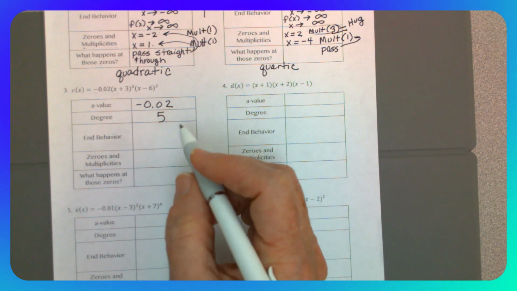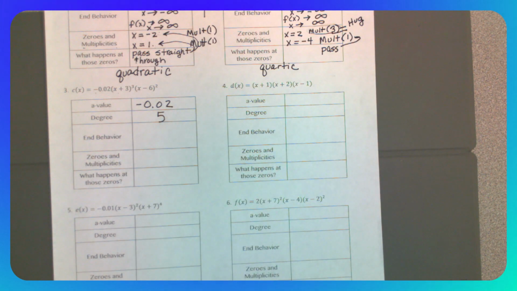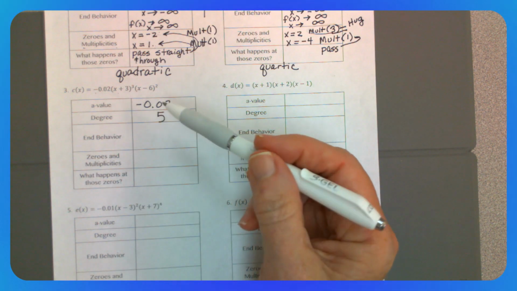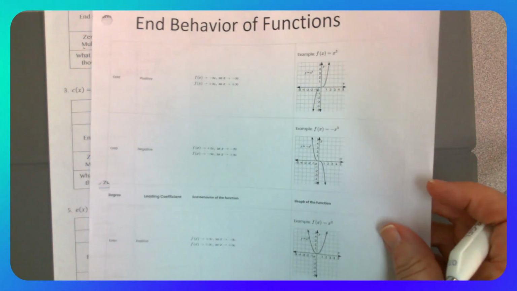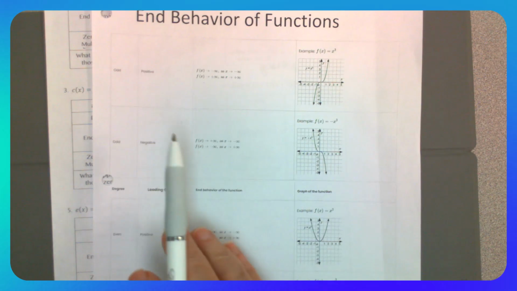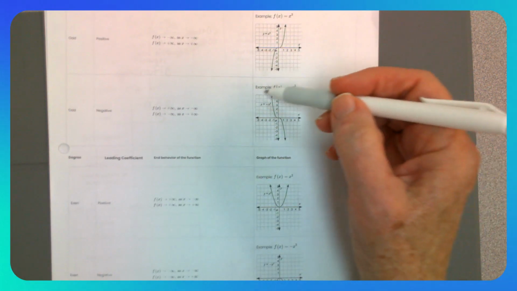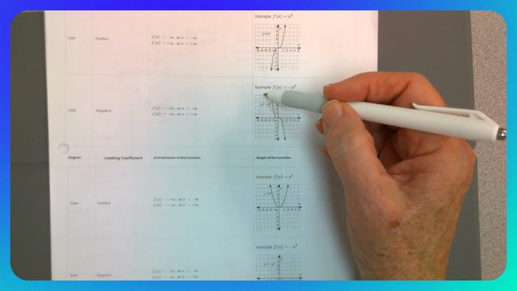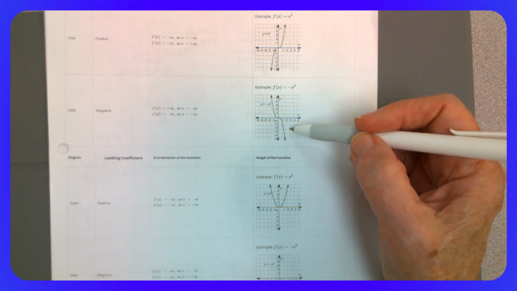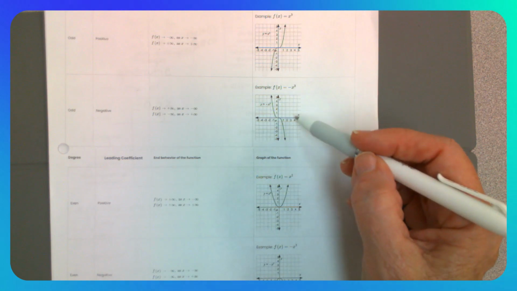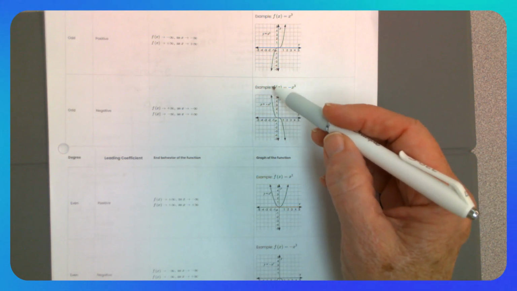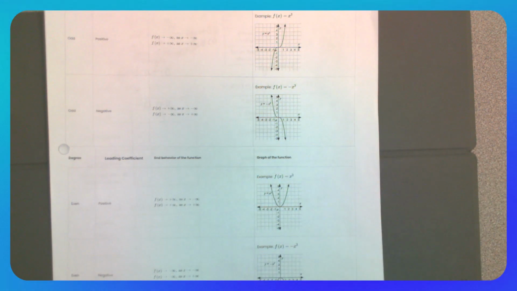Okay, the end behavior, let's look at our chart. So odd degree, negative. So it's going to go up in the second quadrant and down in the fourth quadrant. We're not worried about what's happening here. We just want to know it's going up and down. Okay, so how do we write that?